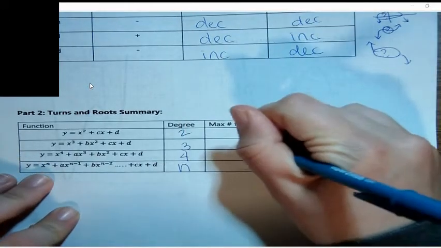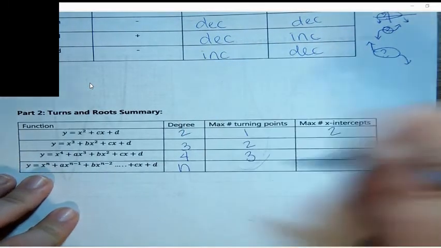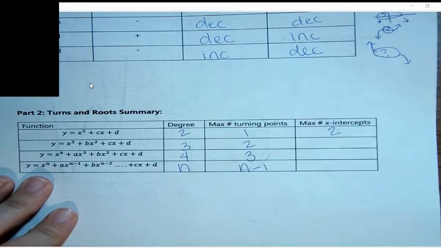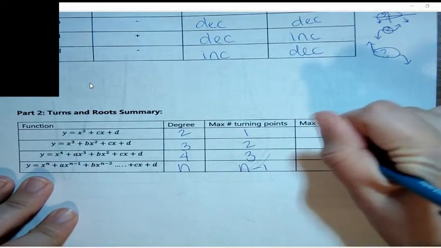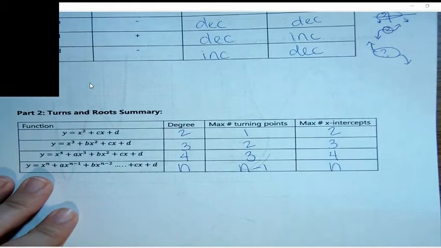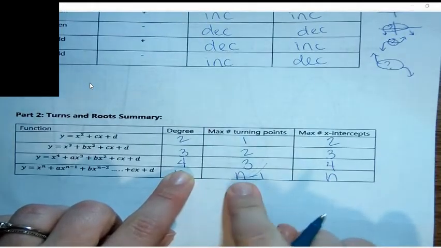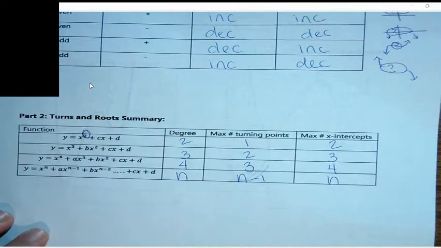So this is going to be 1, 2, and 3, and then n minus 1. And our max x-intercept is 2, 3, 4, and then n. Okay, so these two columns match. This column is one less than either one of those. Okay, and we get this number by looking at the highest value exponent. Okay, let's flip.